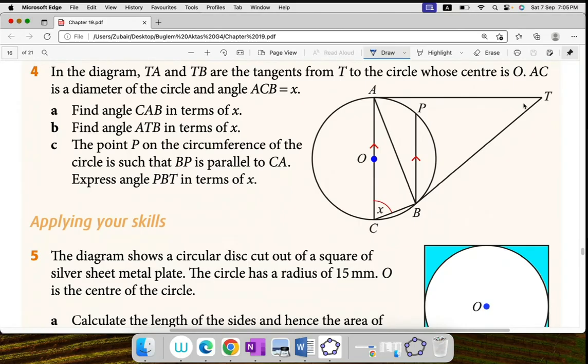And number 4. In the diagram, TA and TB are tangents from point T to the circle whose center is O. AC is the diameter of the circle.